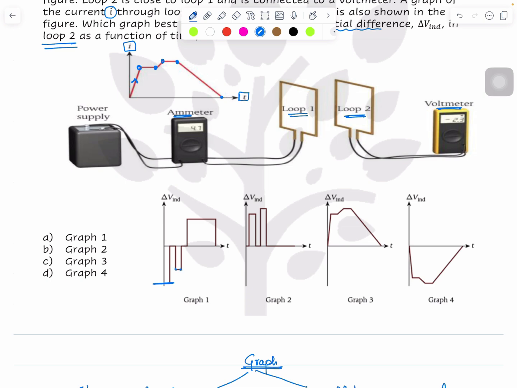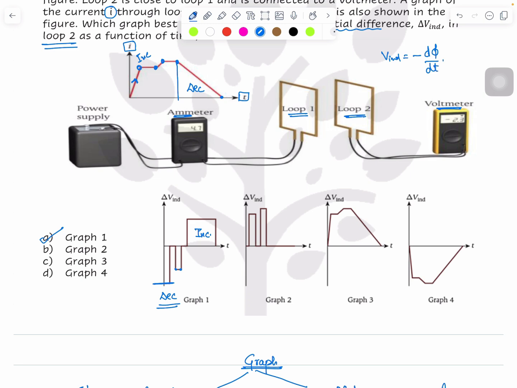Then when it is declining, current is decreasing, flux is increasing. Here it is increasing, here it is decreasing. Clear? Or you can say just the negative one. So your answer, graph number 1, is correct. Fine. Try to just imagine in your brain V induced is equal to negative d phi over dt.